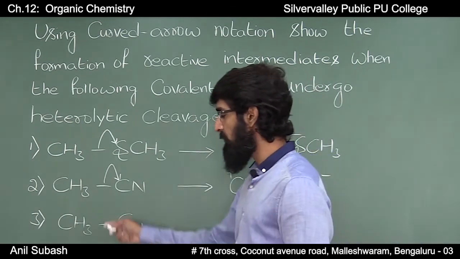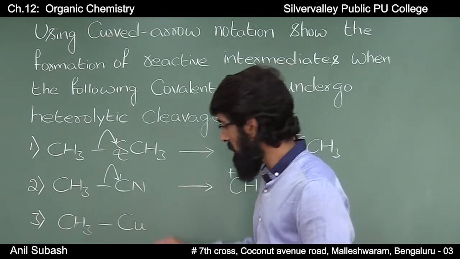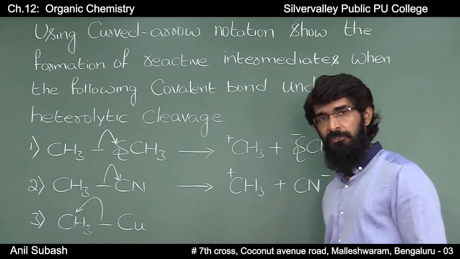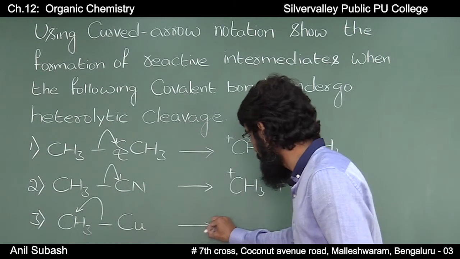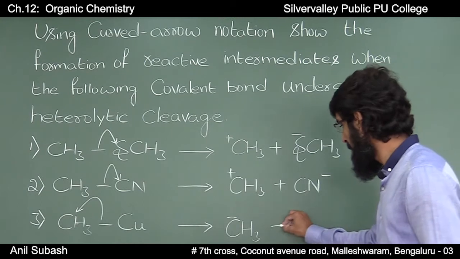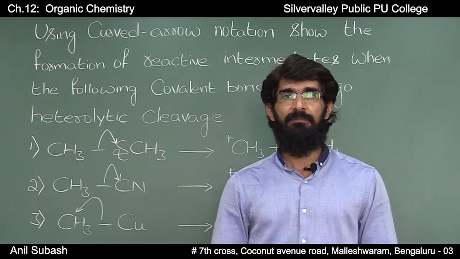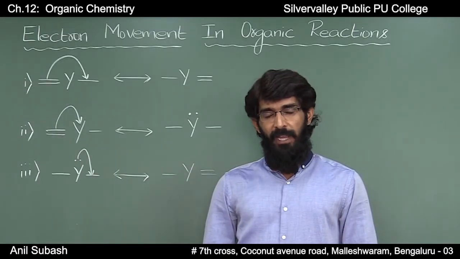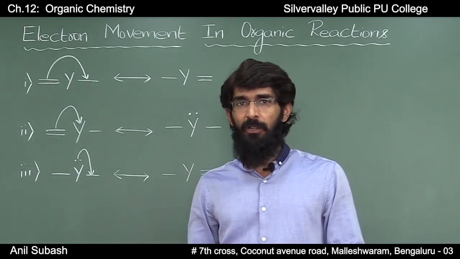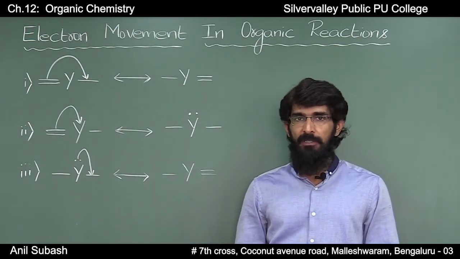In this case, CH3Cu, when the bond undergoes heterolytic cleavage, the shared pair of electrons will move along with CH3, which leads to the formation of CH3 minus plus Cu plus.